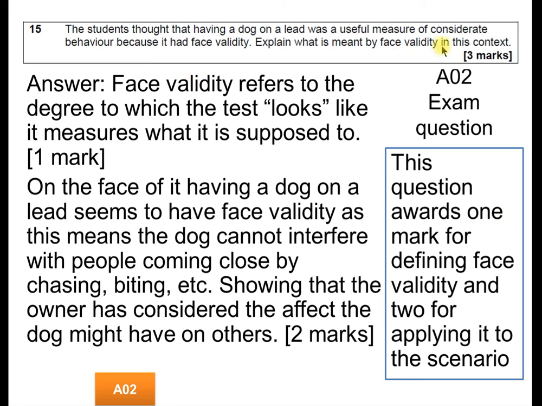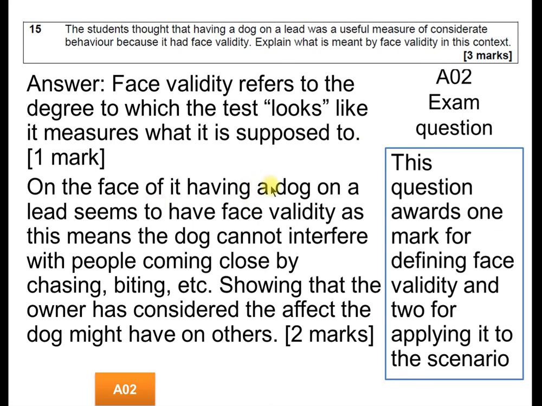This is also a nice little AO1/AO2 question. A student thought that having a dog on a lead was a useful measure of considerate pet ownership behaviour because it has face validity. Explain what this means. There's our definition: face validity refers to X and them.